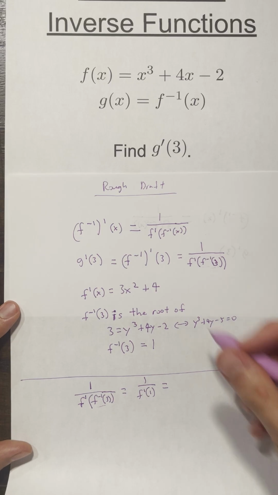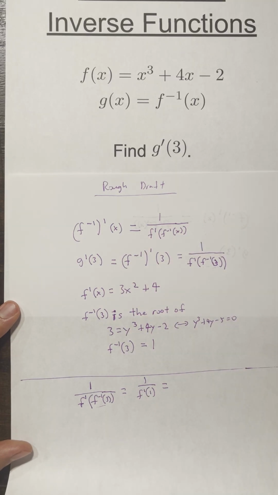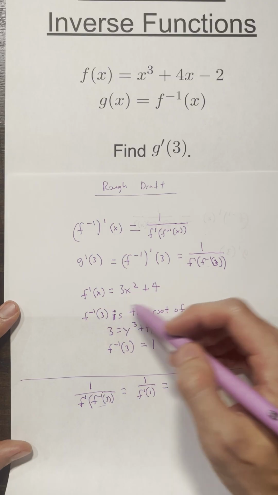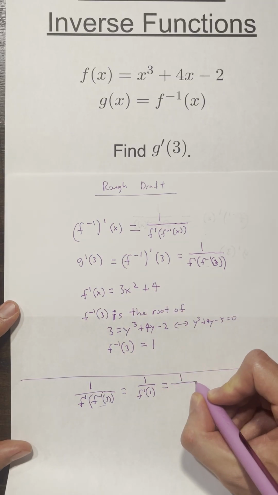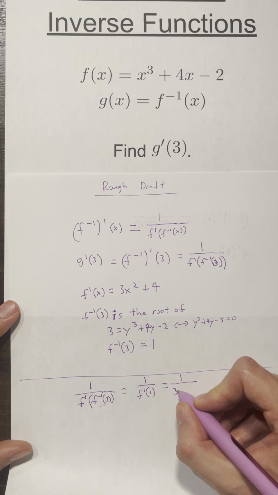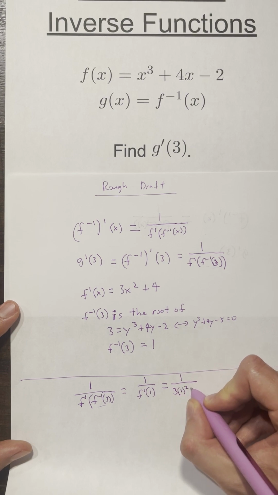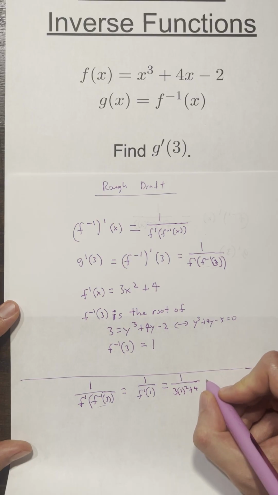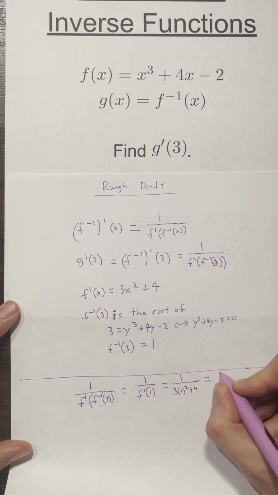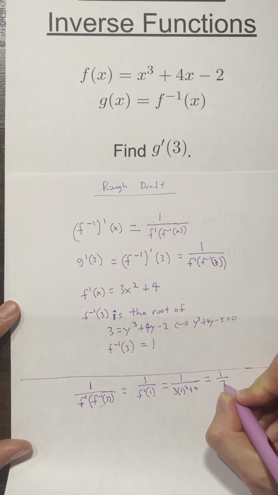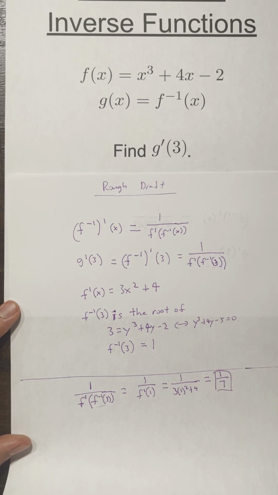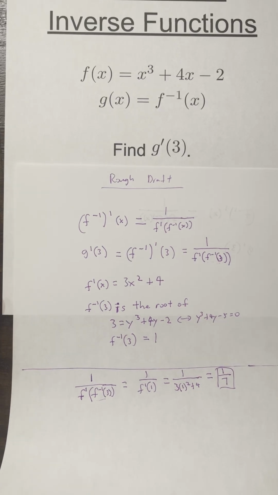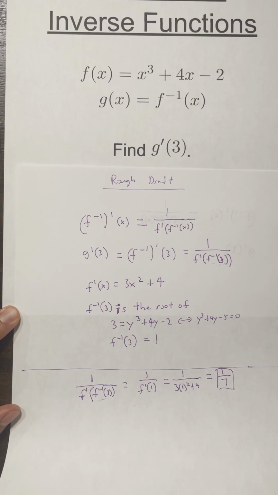What equation do we use from here? Use this one. So 1 over 3 times 1 squared plus 4, and that's equal to 1 over 7. But this is our rough draft. This is not what we're going to be turning in.